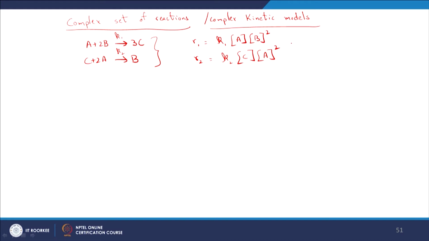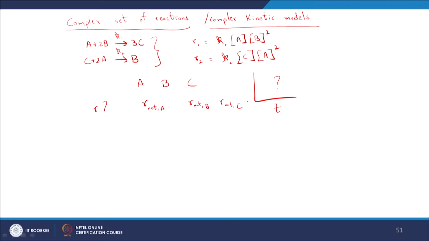But here let's say I'm not concerned with the rates of the reactions. I want to know how A, B and C change with respect to time. How do these concentrations change with time? For that I need to be able to model the relevant rates of the reactions. Now what is R net of A, R net of B, and the same case R net of C, right?